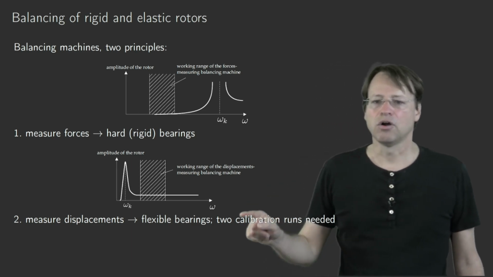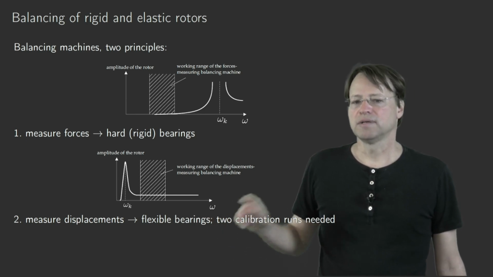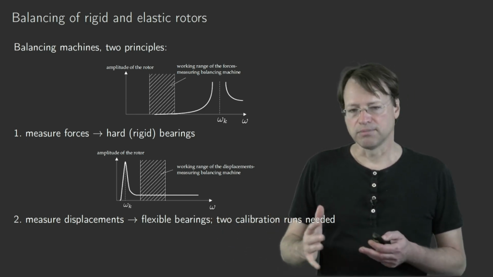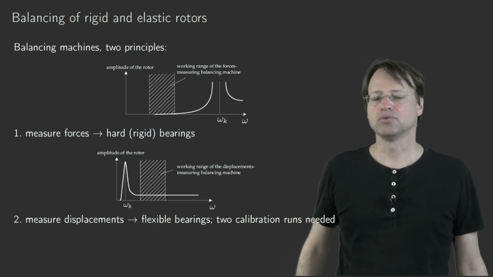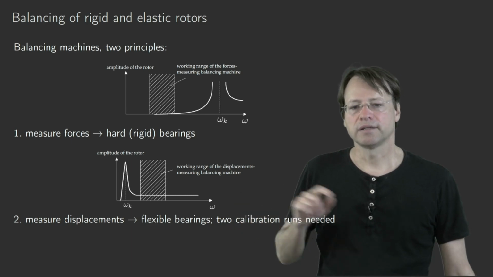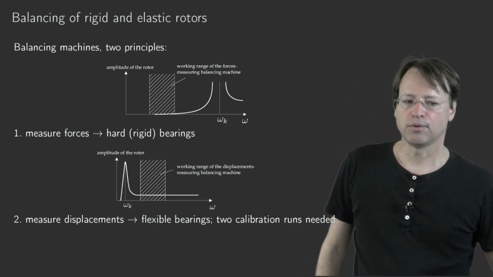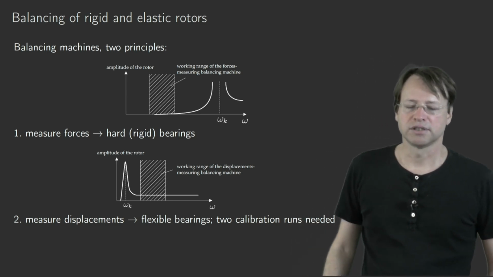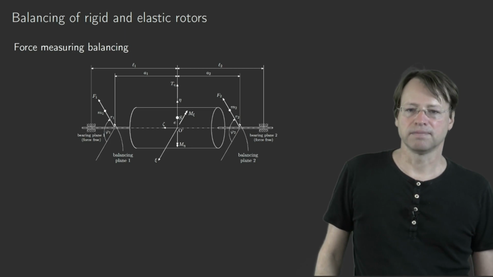That's the idea of measuring displacements. However, as we will see, it needs flexibility in the bearings. Some kind of flexibility is naturally included in the bearings, and calibration runs are needed. Therefore, I would like to start with the simpler thing, the force measuring balancing.